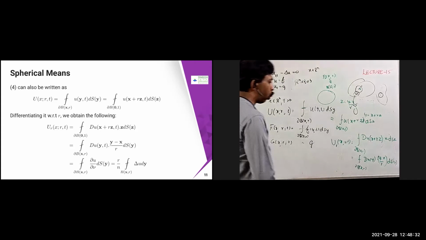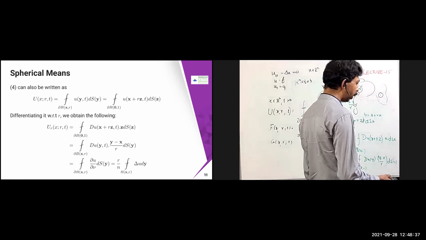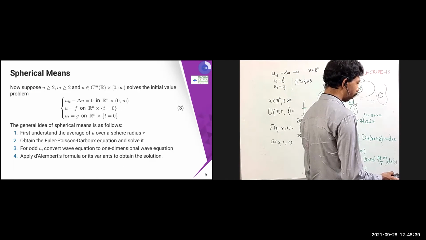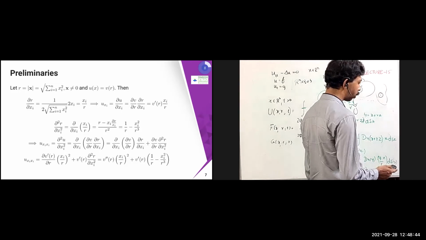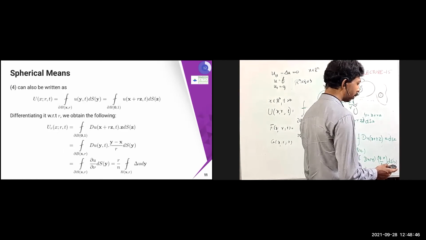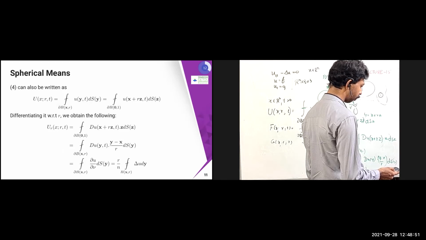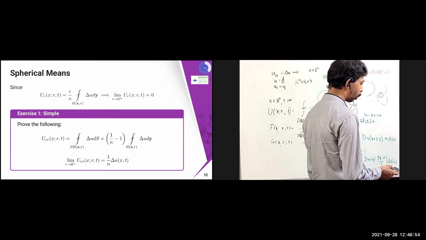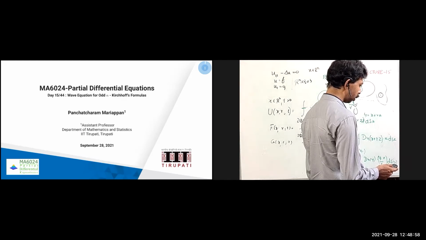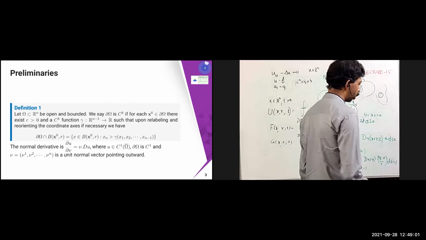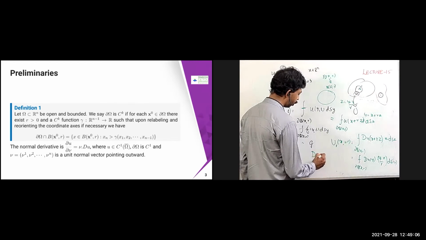Now this one, I'm going to use the definition. What is the definition of this one? What is ∂u/∂ν? ∂u/∂ν is nothing but the gradient of u dot ν.